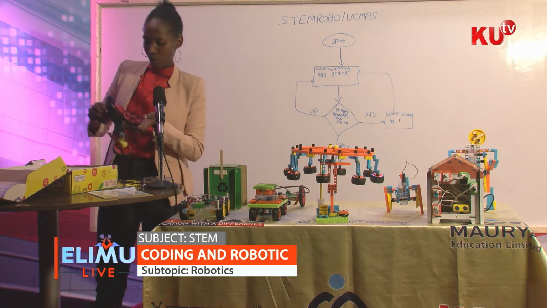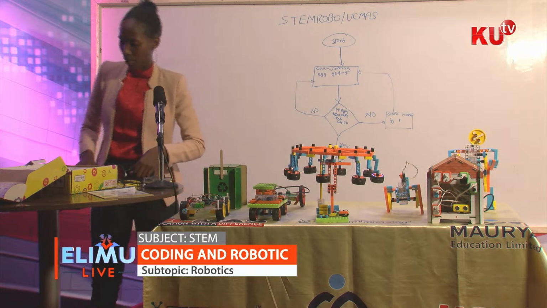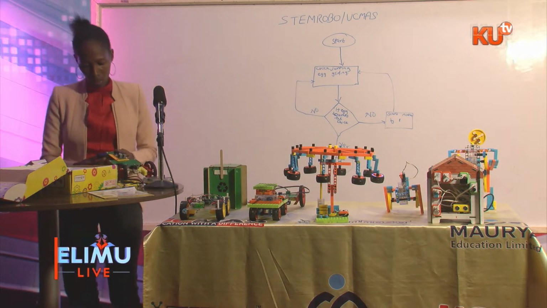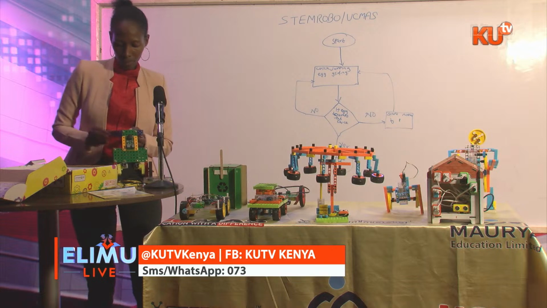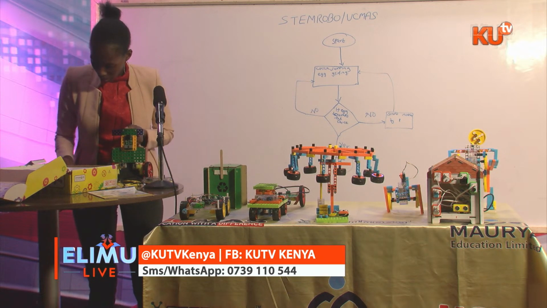Then now you have to fix a caster wheel at the front here to act as the other two wheels for the car. So first I'm going to put this plate here. Then I insert my nuts.